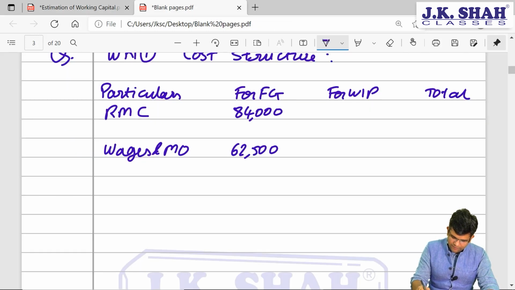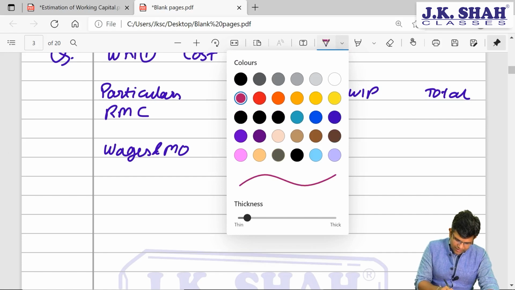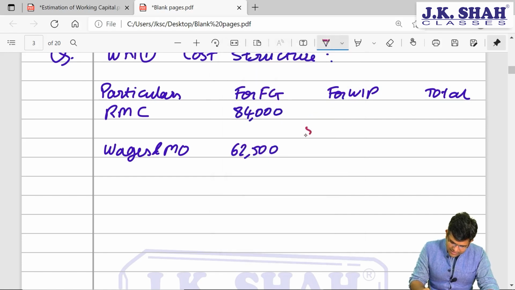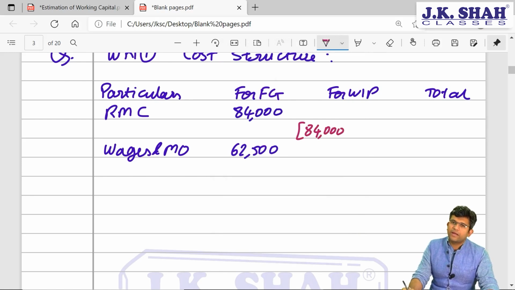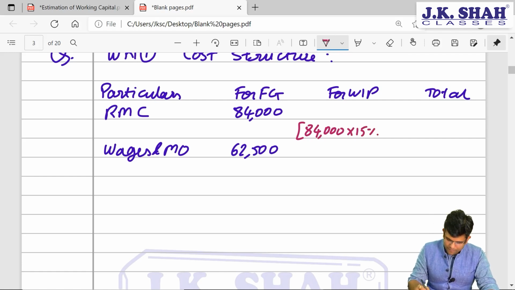Now children, if it is going to require full materials, then look at the calculation. Do you realize 84,000 rupees is the cost we need to incur in raw materials for manufacture of finished goods? Into 15% if I do, then children, do you realize that is the raw materials required for WIP? Of course, into 100%, because full materials are required. Everyone clear?